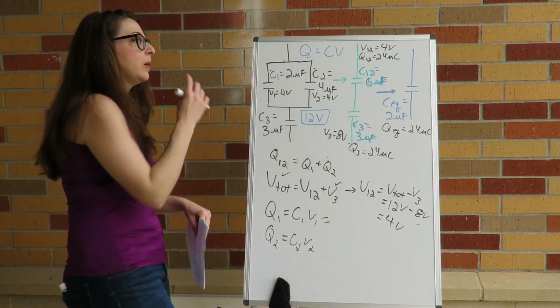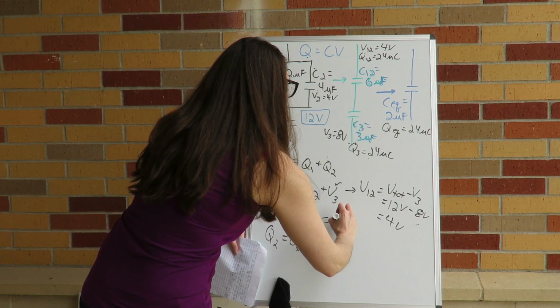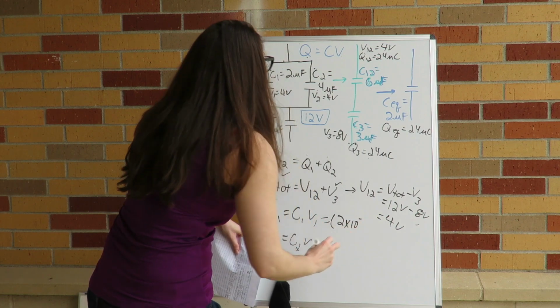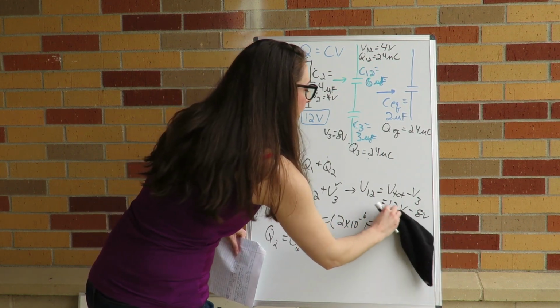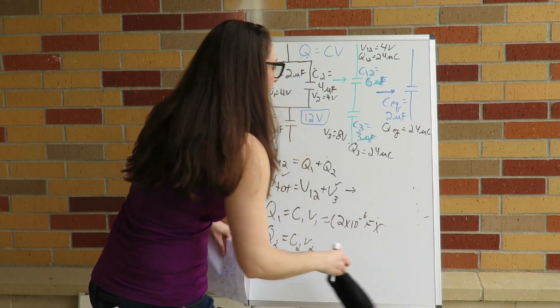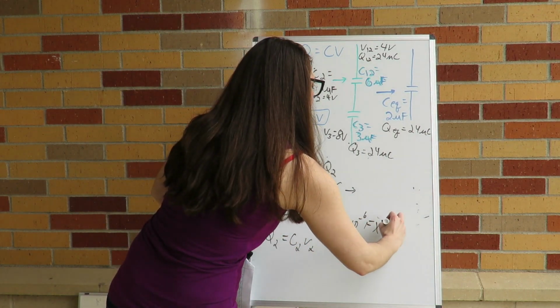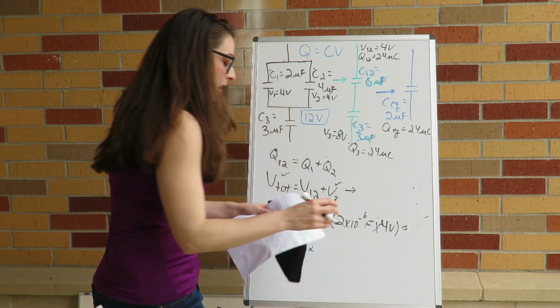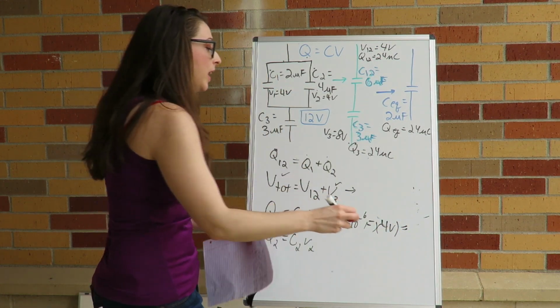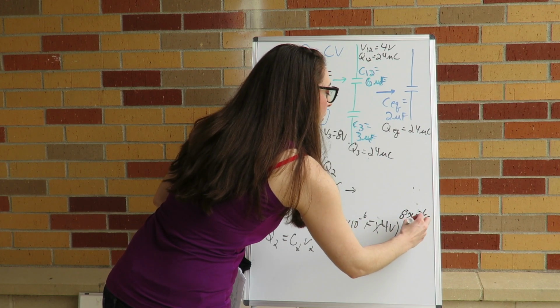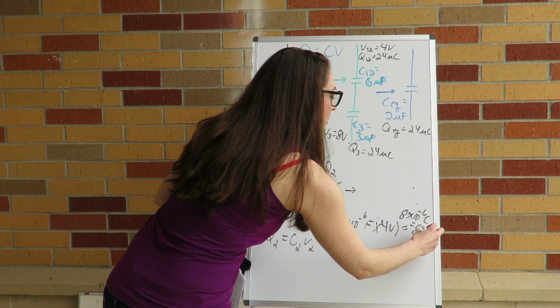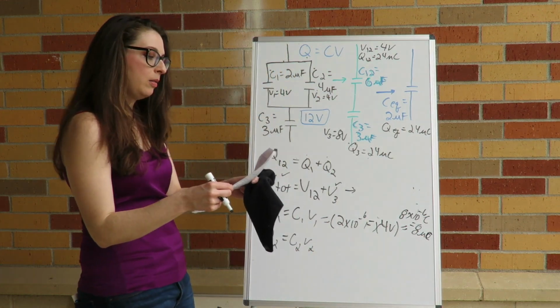So C1 is 2 times 10 to the minus 6 farads times V1, which was 4 volts, and that's going to equal 8 times 10 to the minus 6 coulombs, which is 8 microcoulombs.